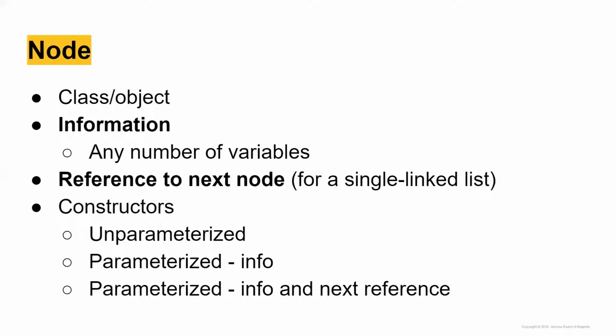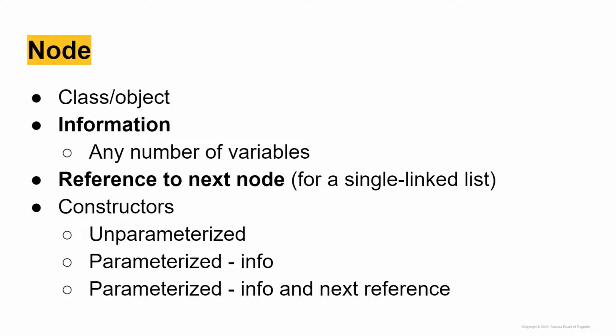So really, what a node is, it's a class in Java, and thus it is instantiated as an object. And what it does is it essentially contains two things. It contains bits of information, and it contains a reference to the next node in the linked list. So the information can be any number of variables.